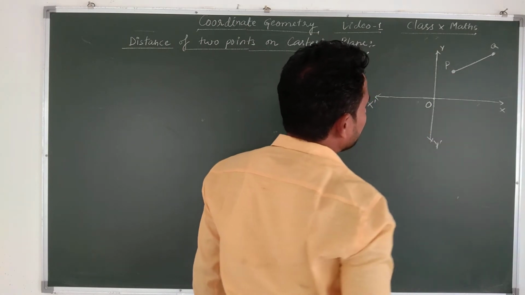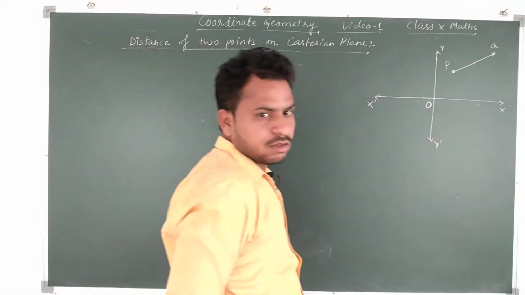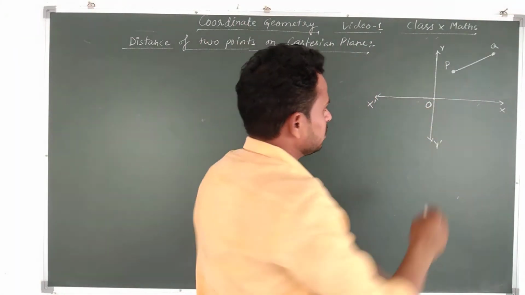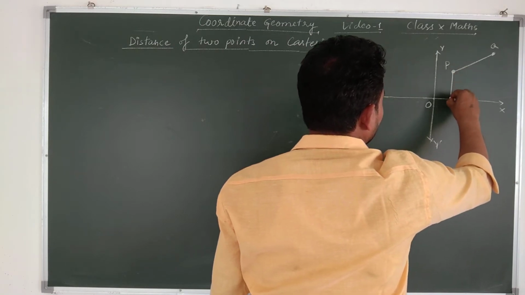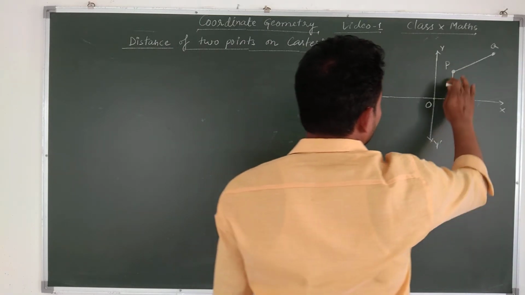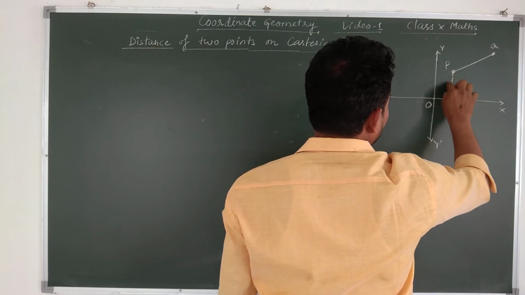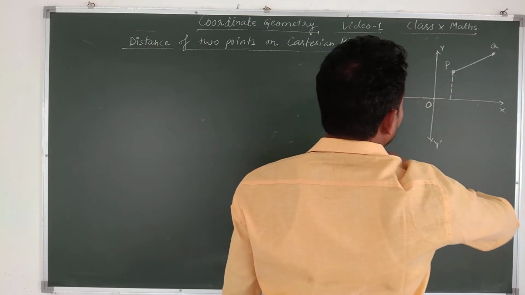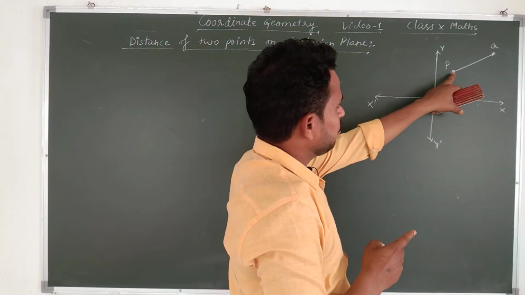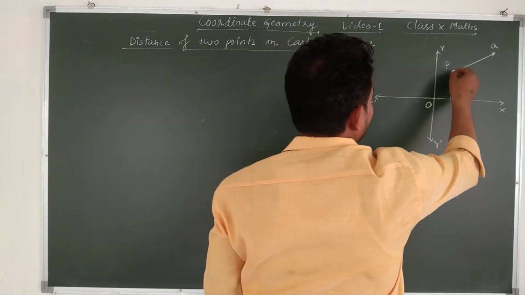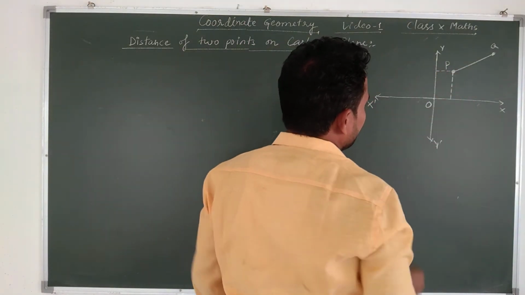So here we draw a perpendicular from P on the x-axis, which we represent by a dashed line, and from the point P a perpendicular on the y-axis.